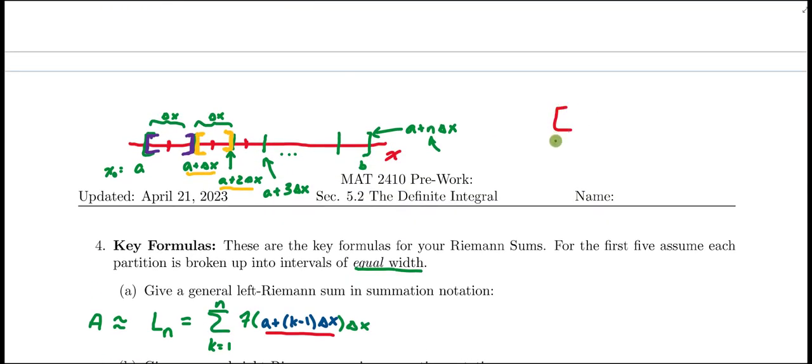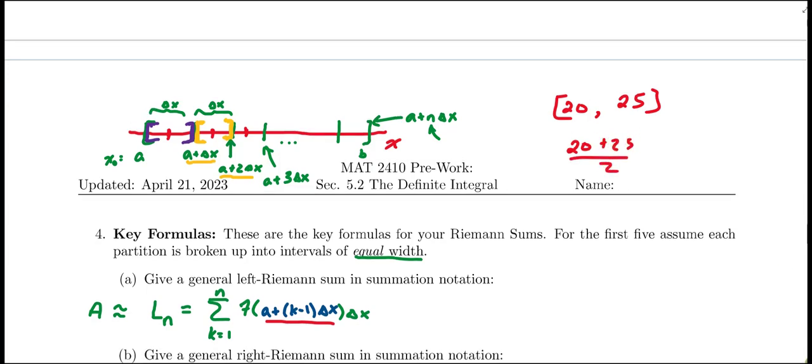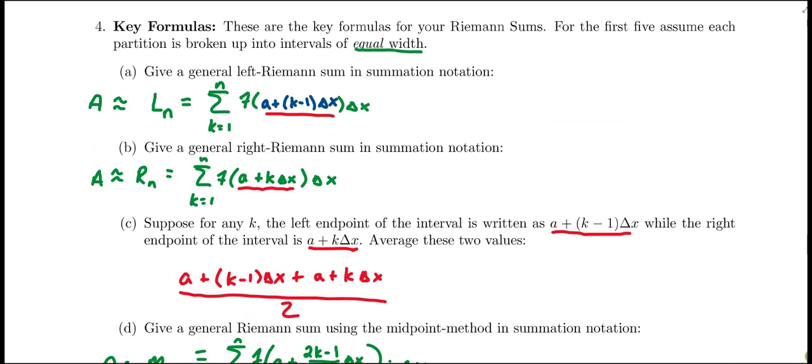For example, if my two intervals, let's say this was at 20 and at 25, how would I find the midpoints of those two? I would add 20 to 25 and divide by 2. So that's what I'm doing for the arbitrary kth interval. I'm adding its left endpoint, which is this, to its right endpoint right here, and then dividing by 2.